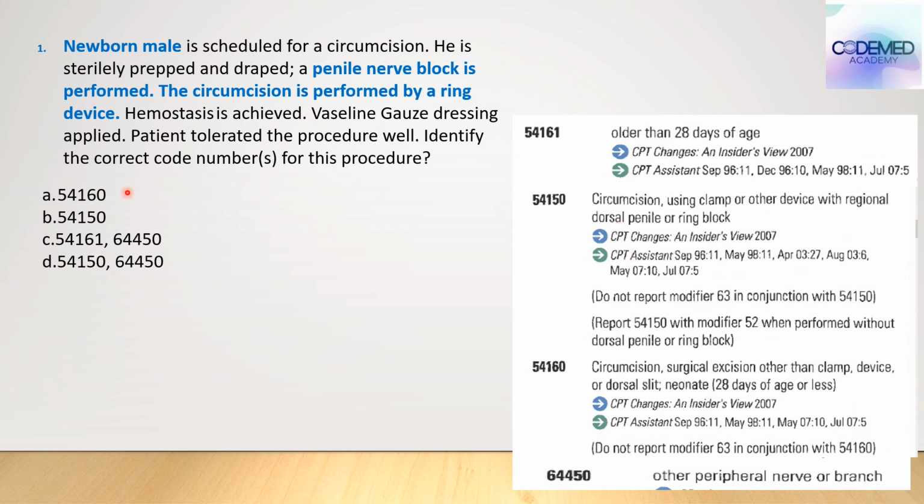So options A and C are for older than 28 days of age. What is our case? It is a newborn male, so definitely 54161 does not apply, and options A and C go away. In between B and D, we must find our answer.